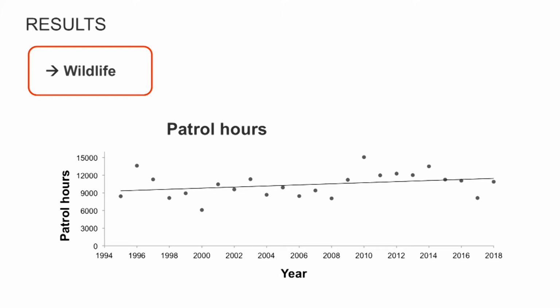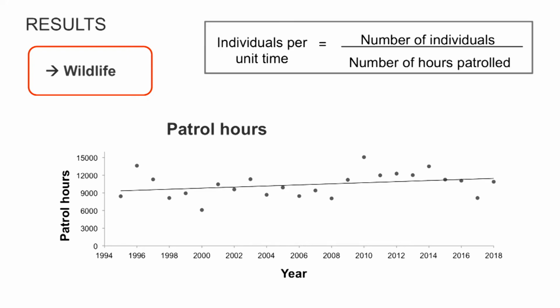So with regards to wildlife results, patrol hours have been fairly consistent across the years. Analyses showed no significant difference in patrol hours over the years. So this allowed us to analyze population trends in relation to the number of individuals per unit time.